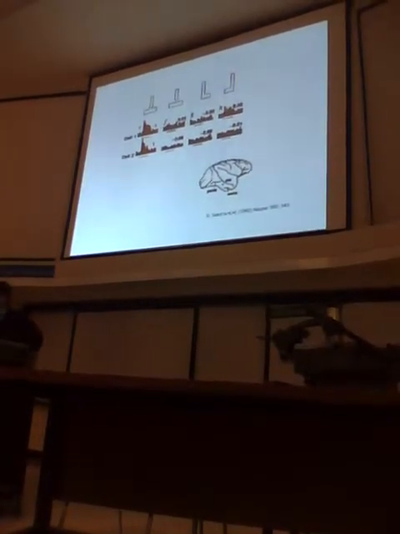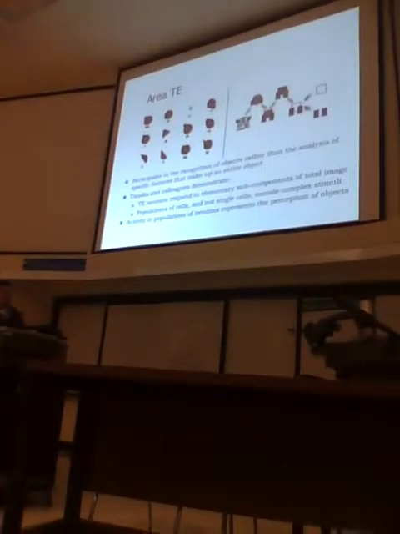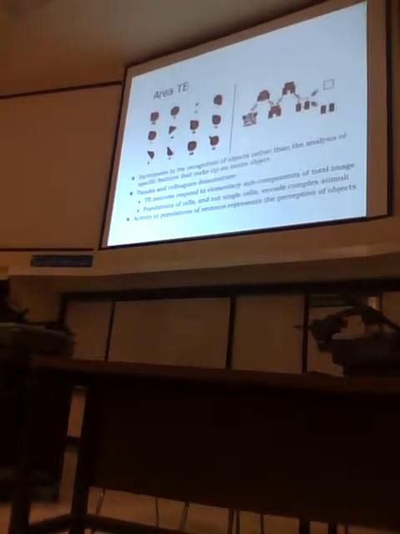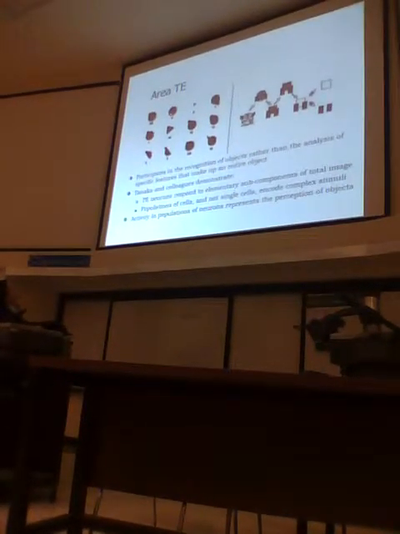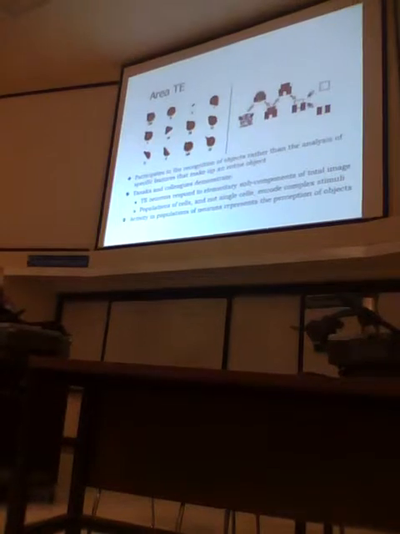And just to push it even further, for this one particular cell, it fires most briskly when this image or this image is presented, but not when this image is presented. And again, the main difference is this protrusion.